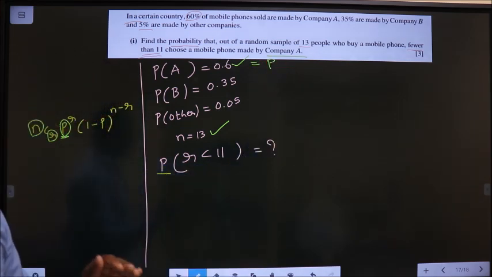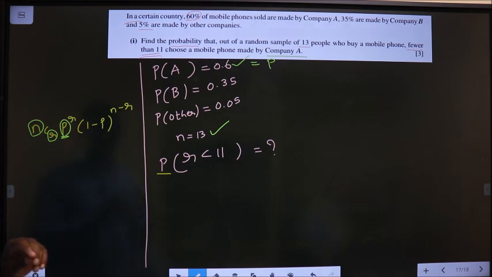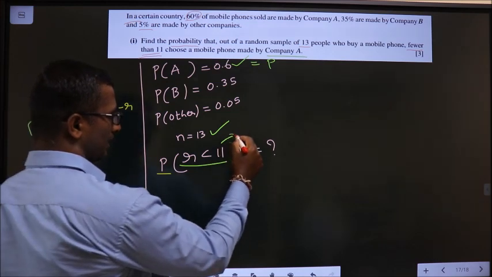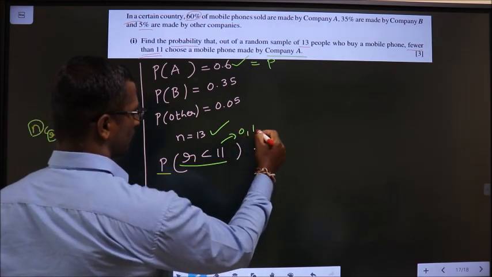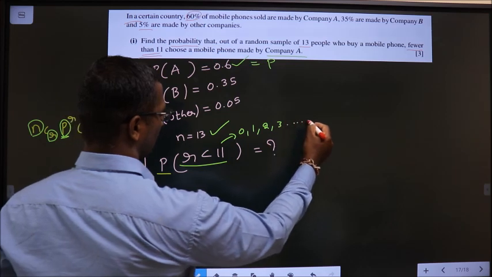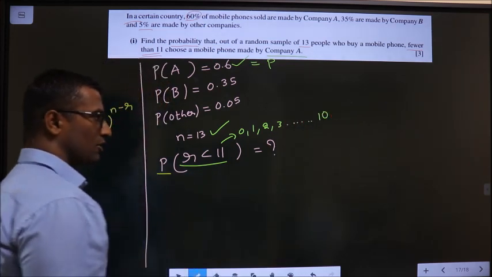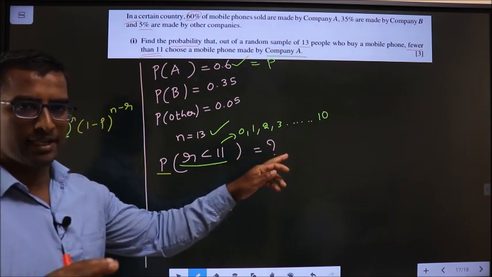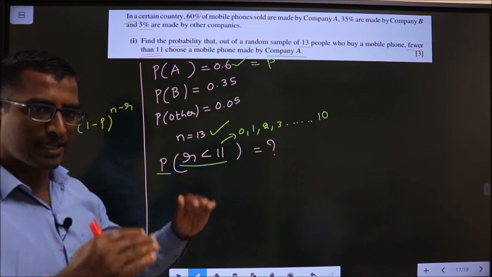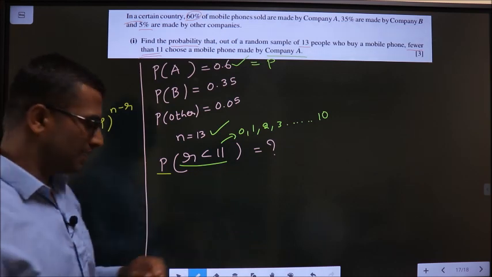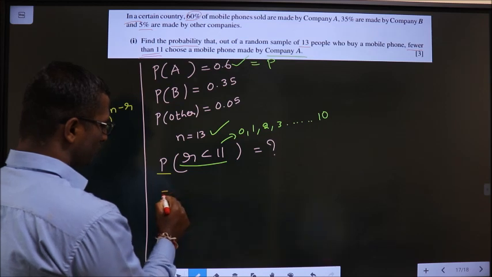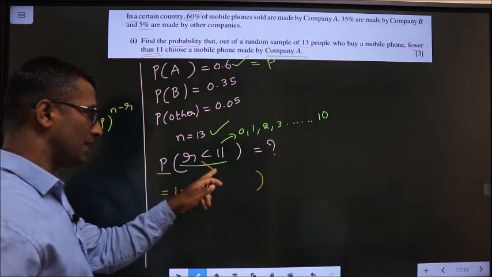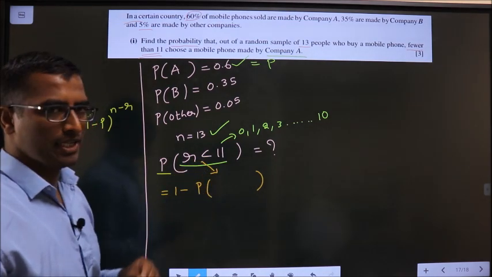Clear? Now let us decide the values for r. Here r is less than 11, so the values that r can take are 0, 1, 2, 3, and so on up to 10. So now I get many values for r. I will take a step such that the r values get decreased, and that step is this one. You do 1 minus P of. Whenever we are doing 1 minus, I will write the opposite of this condition over here.